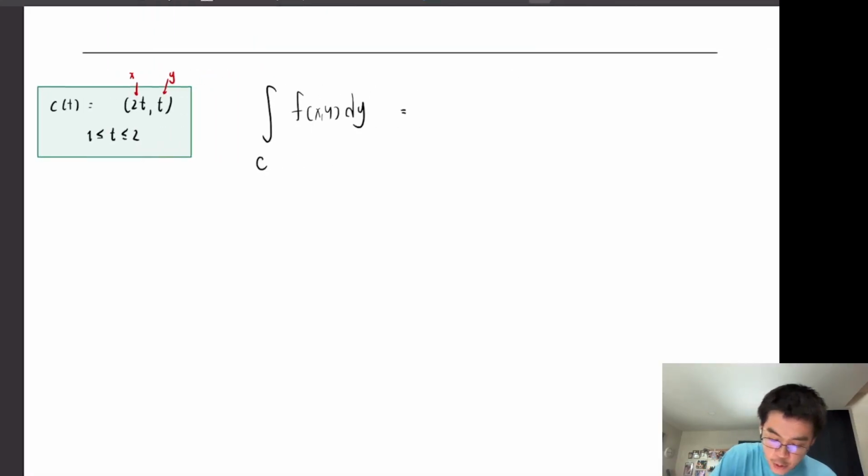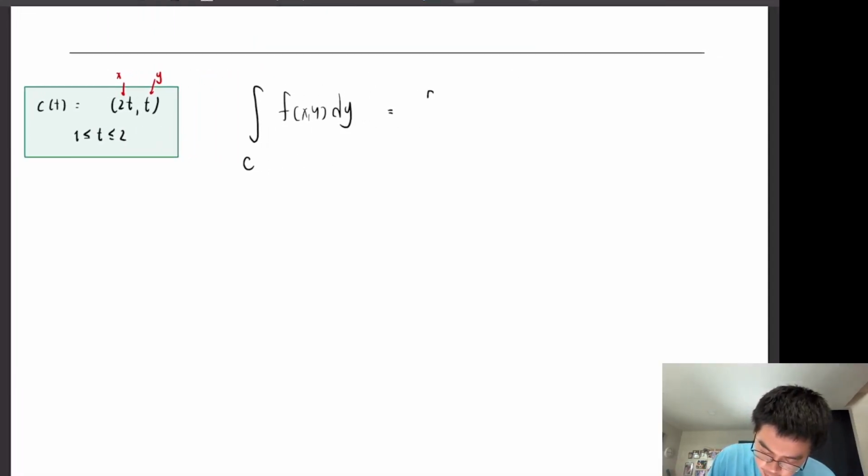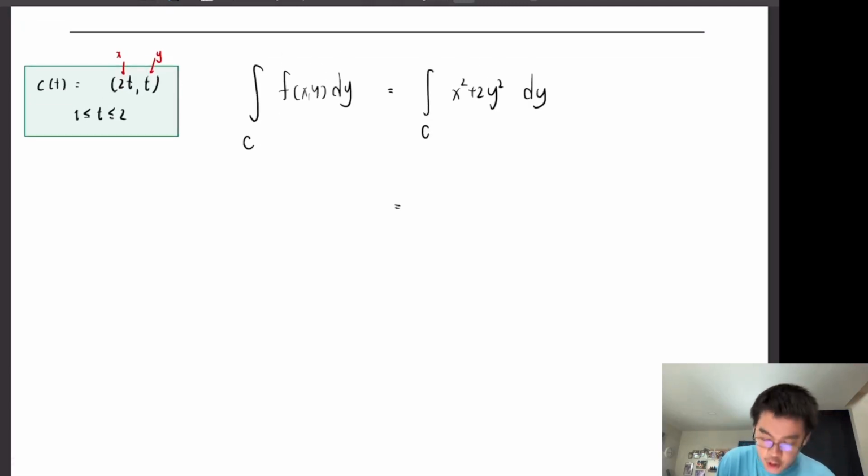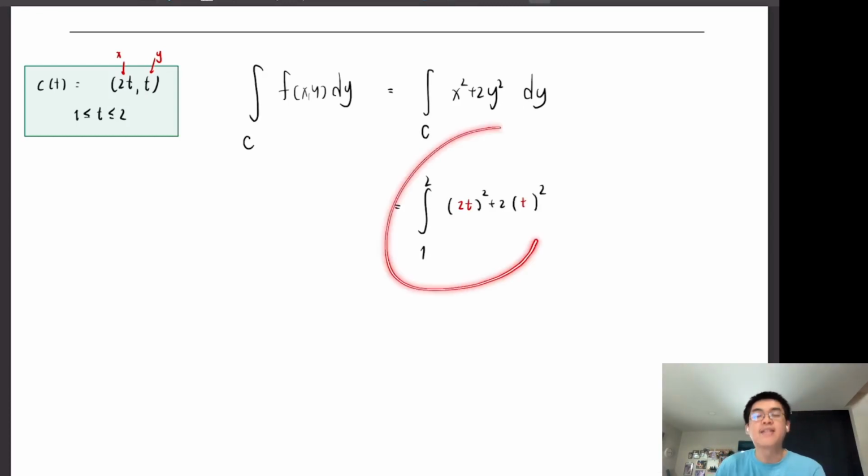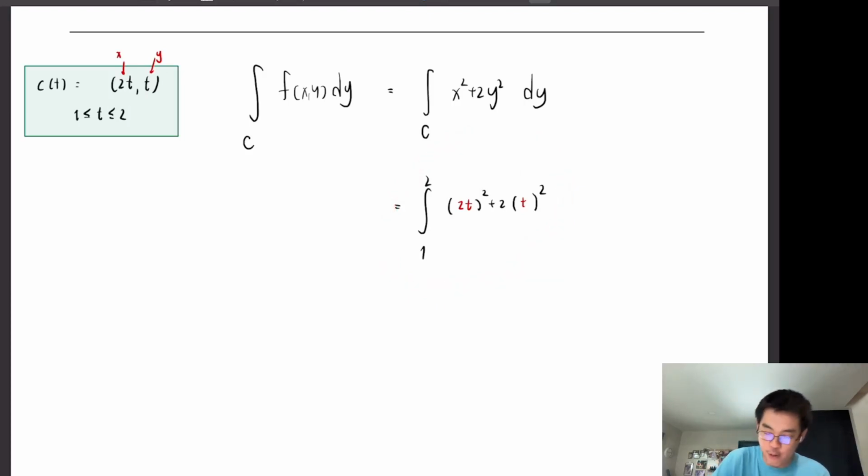So I'm just going to do it like this, one by one. So the integration over C is from 1 to 2, x squared plus 2y squared becomes 2t squared plus 2 times t squared. At this point, you probably realize that the first part is the same in both problems. But dy is a little different.